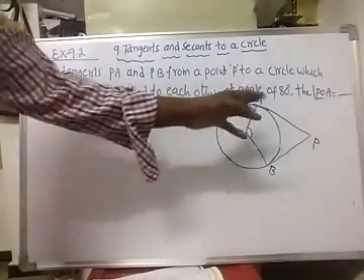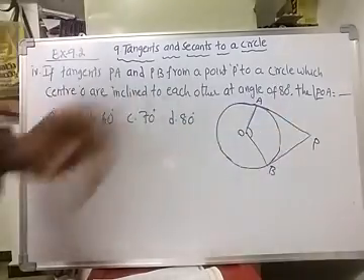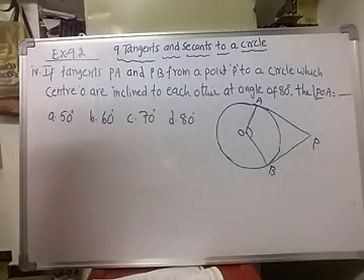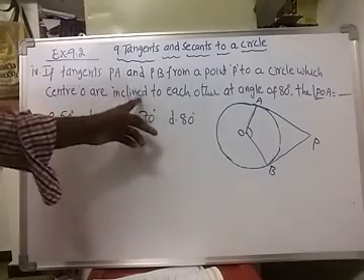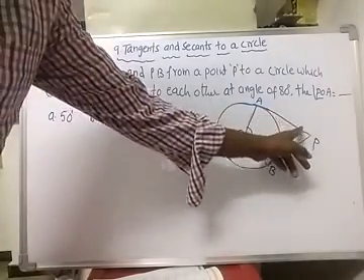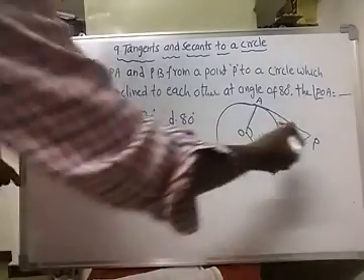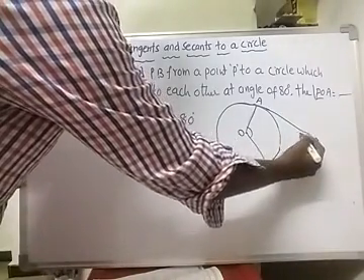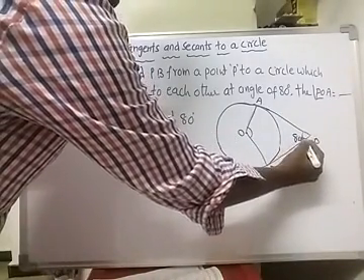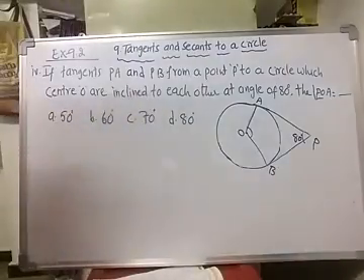That means from point P there are two tangents, PA and PB, inclined to each other at 80 degrees. So angle APB is 80 degrees.